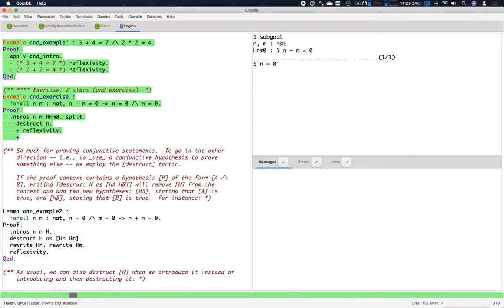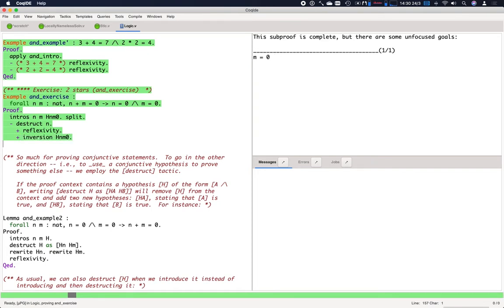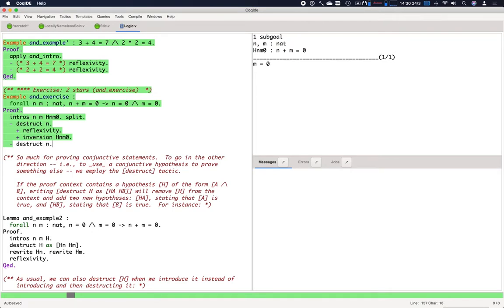Now this one is suspicious because we've got Sn equals 0 as the goal, which can never be true. So we can invert this assumption up here because it can never be true either. So that deals with that side.